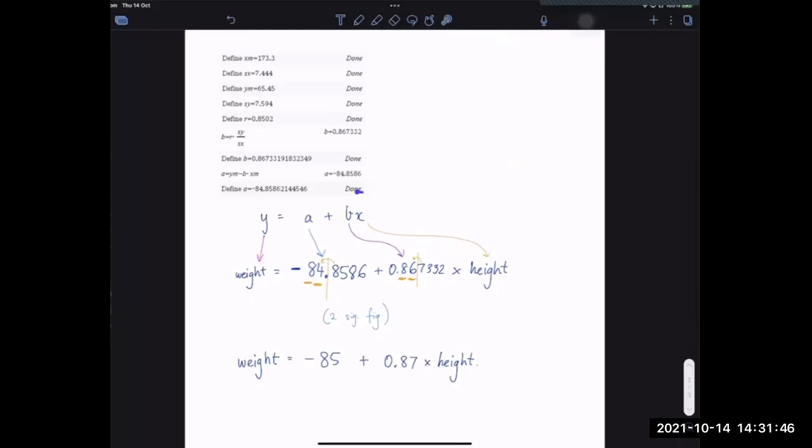So what did we do? We used our CAS to find our A and B. So that's what we did here. Use CAS to find your A, which is your intercept, and your B, which is a slope. You write the formula, which was on your cheat sheet.